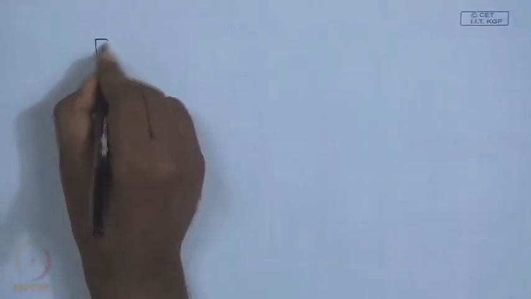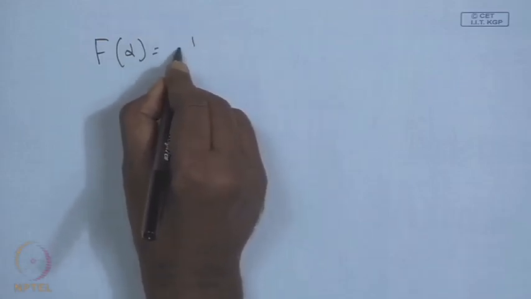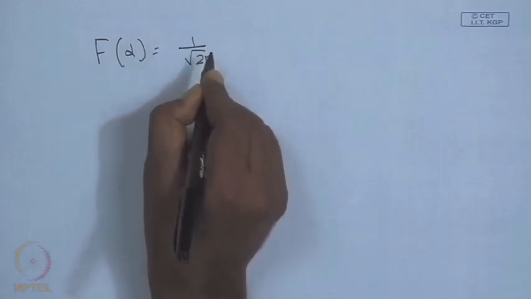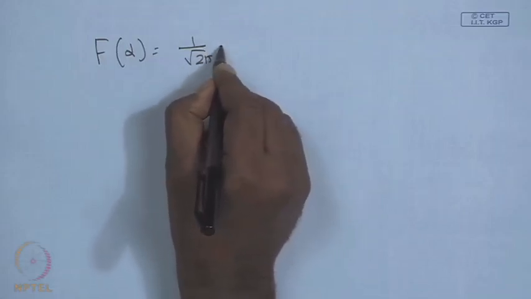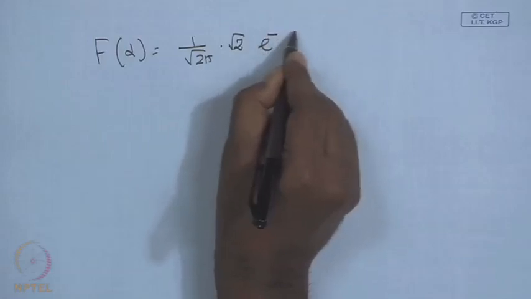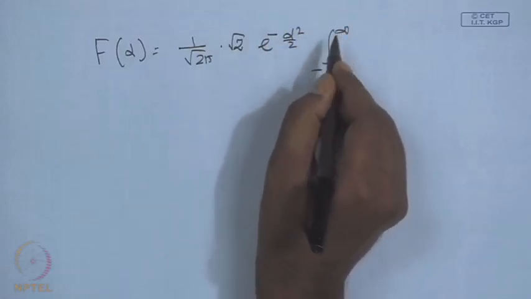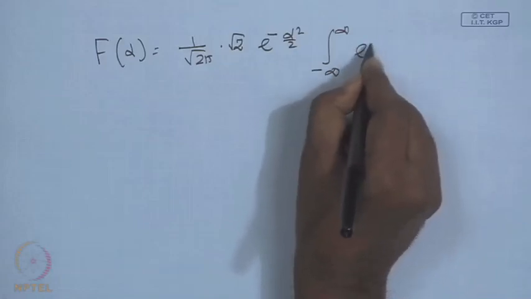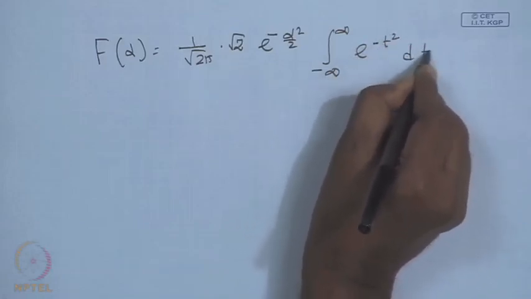So f of alpha now becomes 1 over root 2 pi times root 2 e to the power minus alpha square by 2, integral from minus infinity to plus infinity of e to the power minus t square dt.